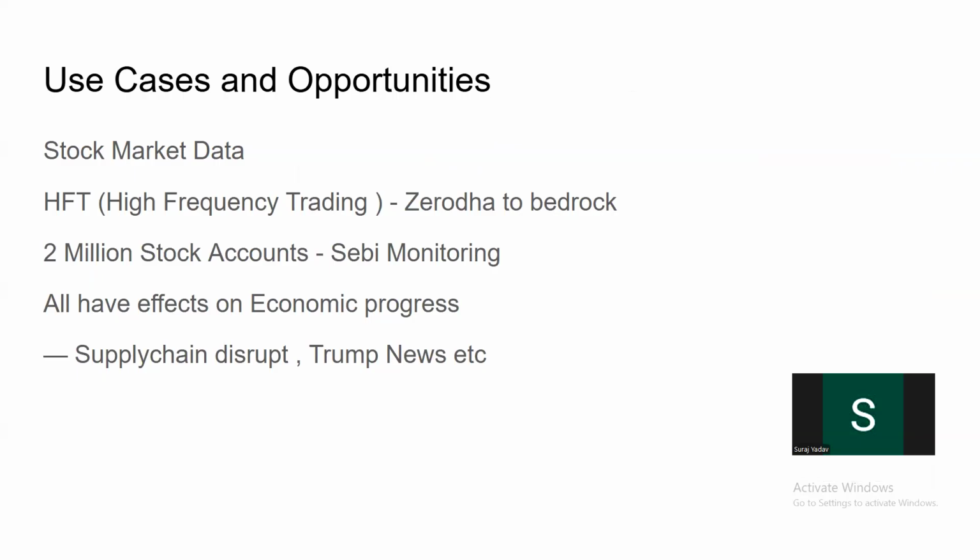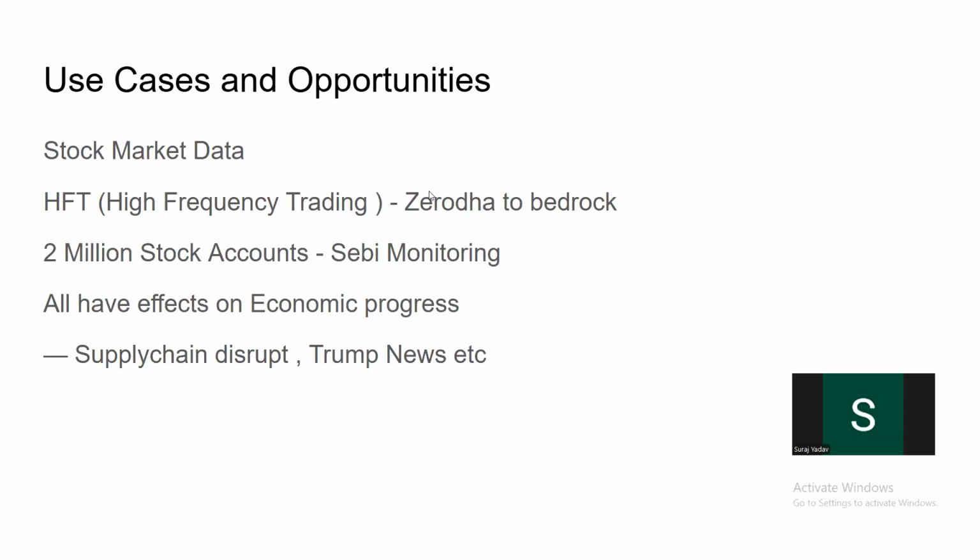what will be the opportunities, and till when? Today you can see that all the companies working on anything related to trading, like stock market data, are different types of companies. Some companies are using high frequency trading, right?